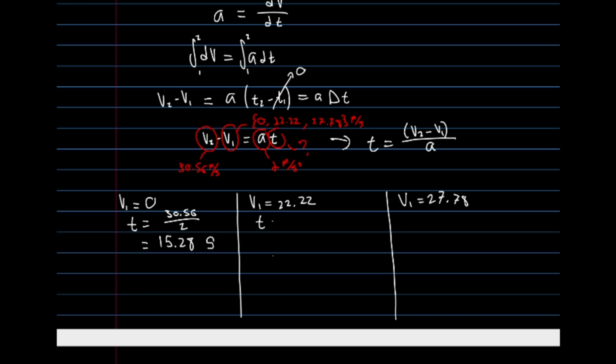Here, t equals 30.56 minus 22.22 all over 2, which is 4.17 seconds. And here, 1.39 seconds.